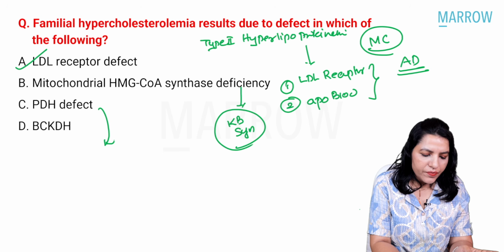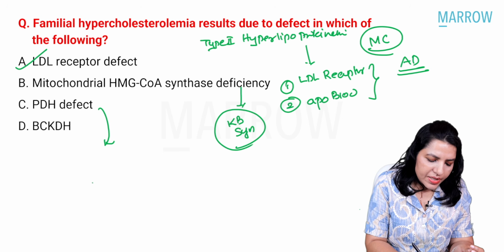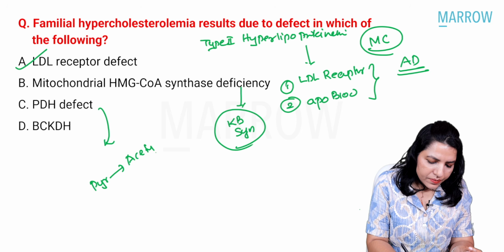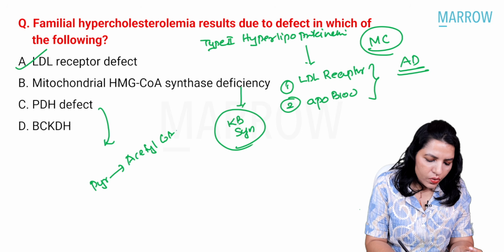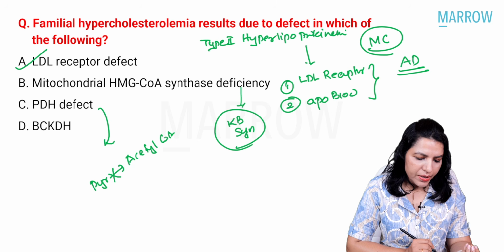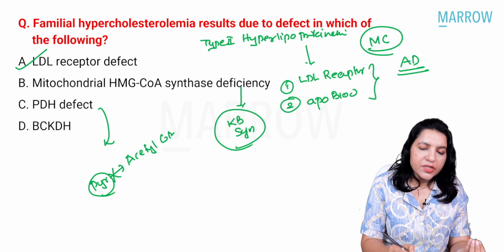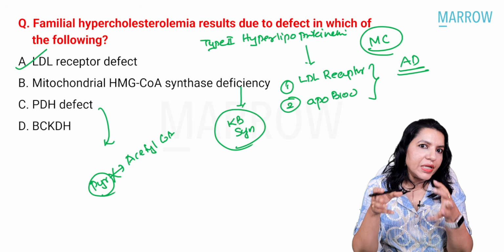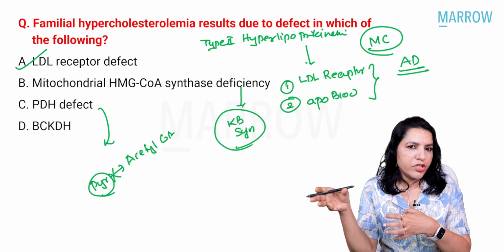Then PDH defect. PDH is the enzyme that converts pyruvate to acetyl coenzyme A. So, if there is a defect here, it will not cause hypercholesterolemia, because acetyl coenzyme A is the building block for cholesterol, that we know.